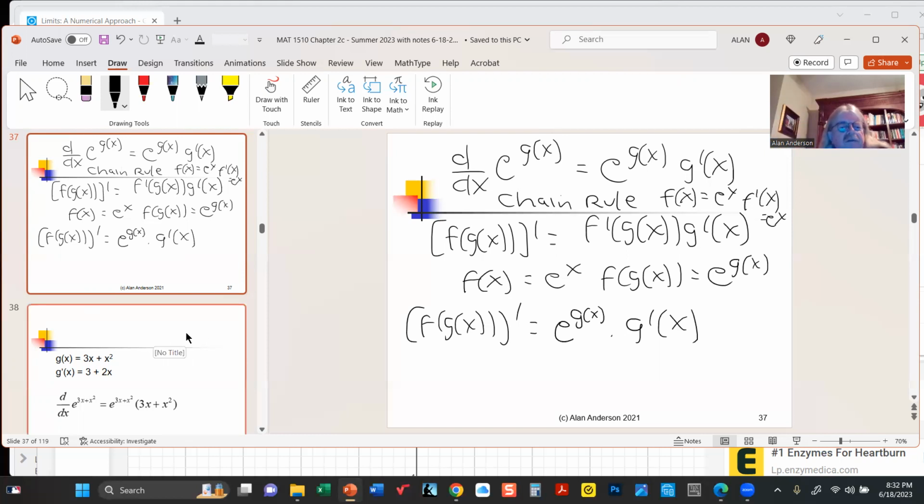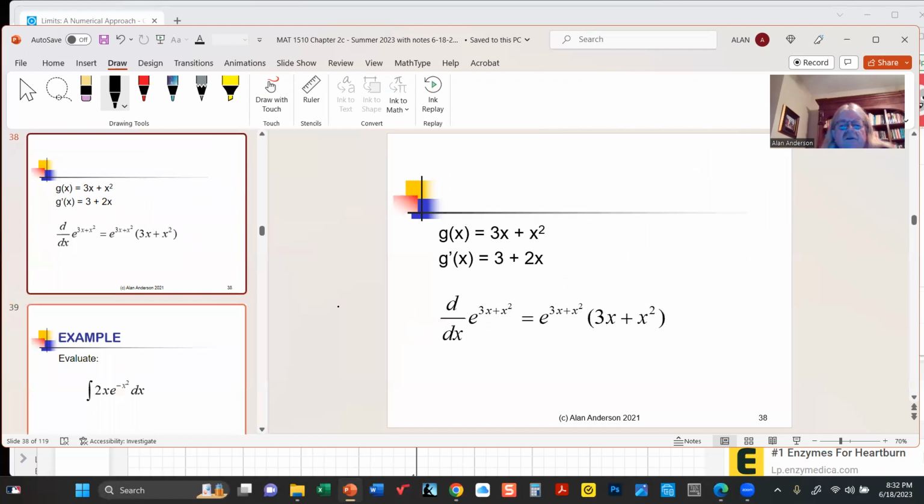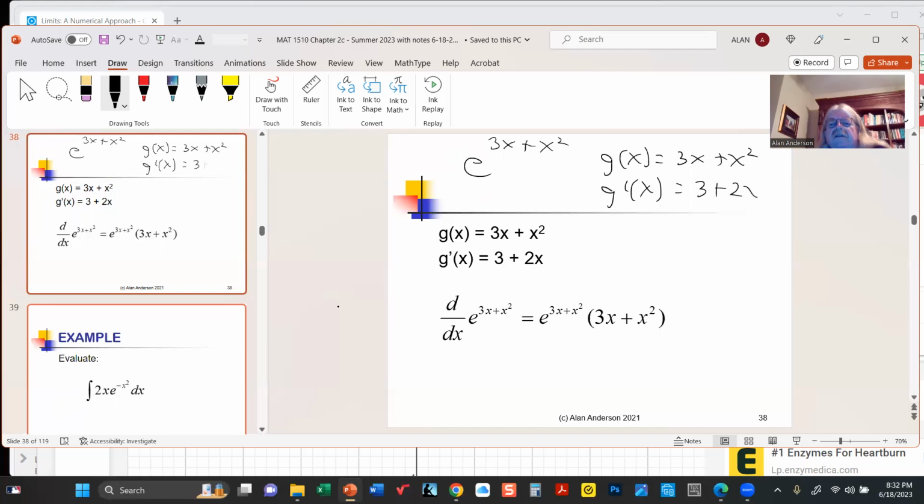So here, for example, once again, the original function was e to the 3x plus x squared, which we figured out because we used the properties of exponents. So therefore, g of x would be that exponent, 3x plus x squared. g prime of x is 3 plus 2x. So remember, the rule is that the derivative of e to the g of x is simply e to the g of x times g prime of x.